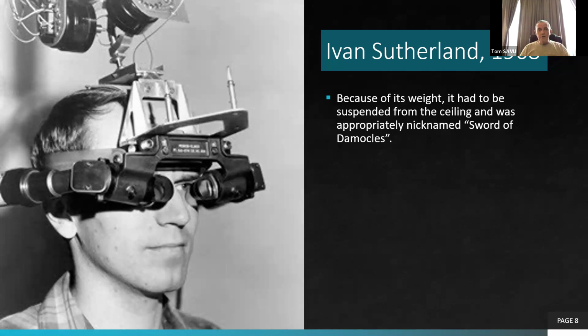Of course, in this device of Sutherland, the objects were not generated by a computer at that time, but by a video system. The objects generated by the video systems were more dynamic.